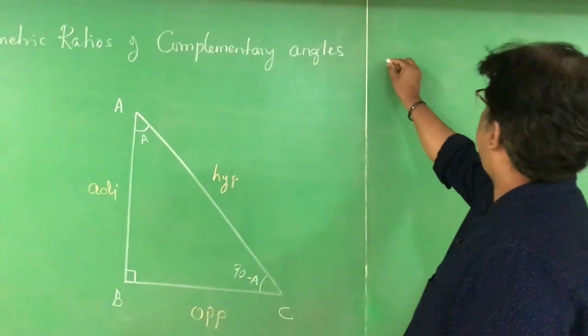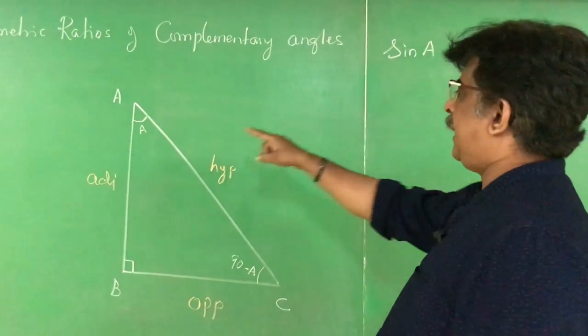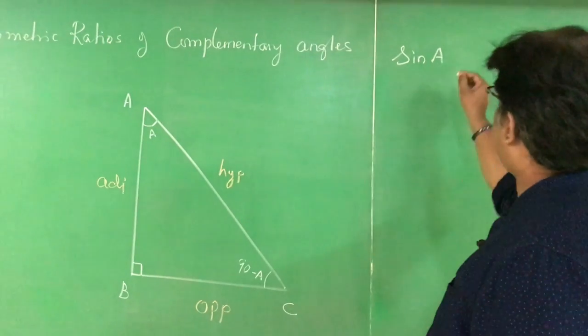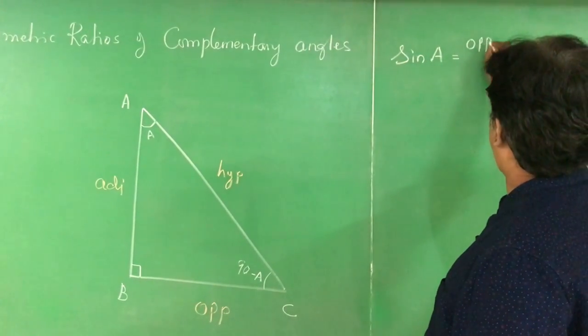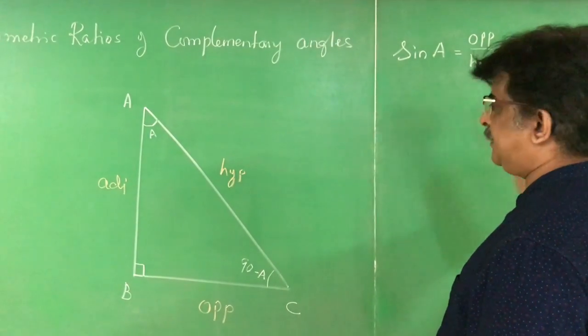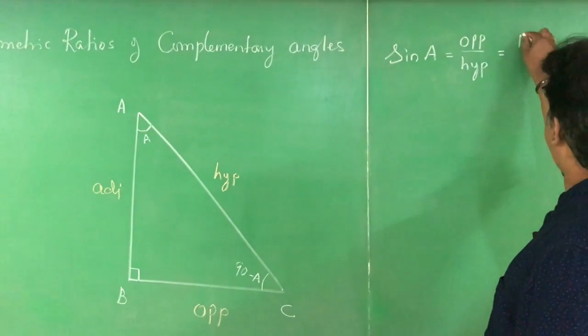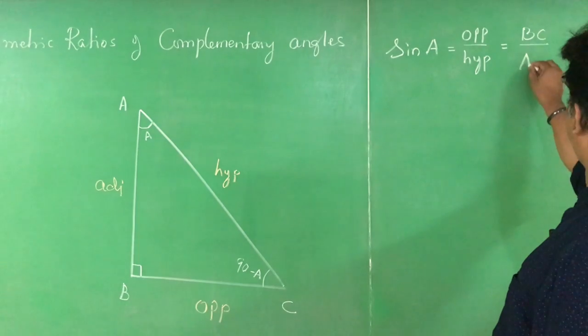First I write sin A. Now my theta is A, right? Sin A is equal to, what is sin theta? Opposite by hypotenuse, which is equal to BC by AC.